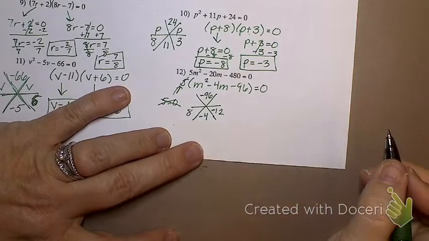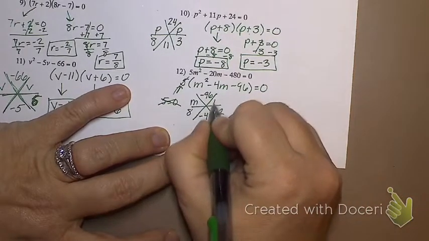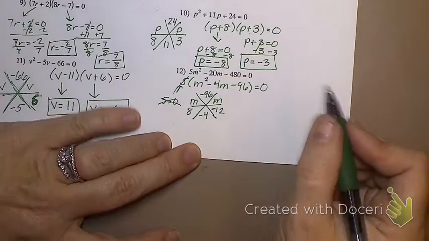Negative on the 12. M and M. Ooh, those sound good, don't they?